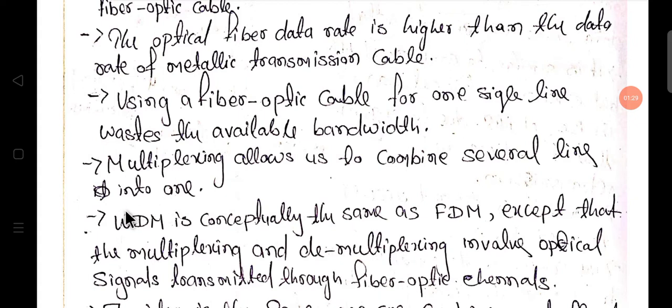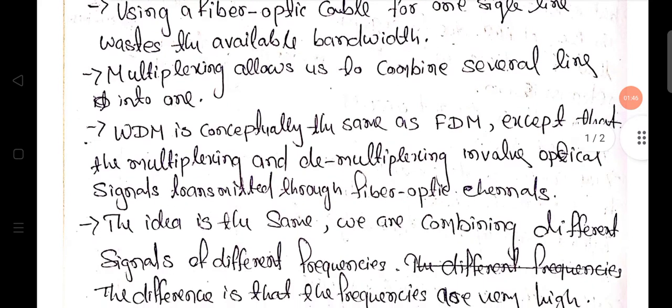WDM is conceptually the same as FDM, except that the multiplexing and demultiplexing involve optical signals transmitted through the fiber optic channel. In FDM, an analog signal is transmitted.